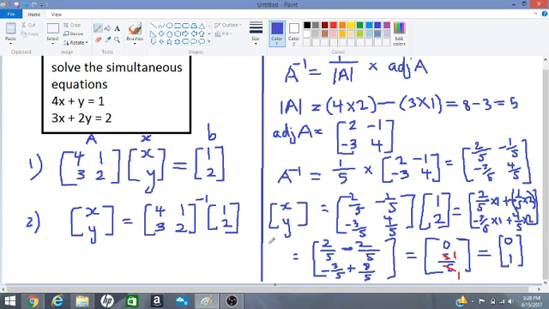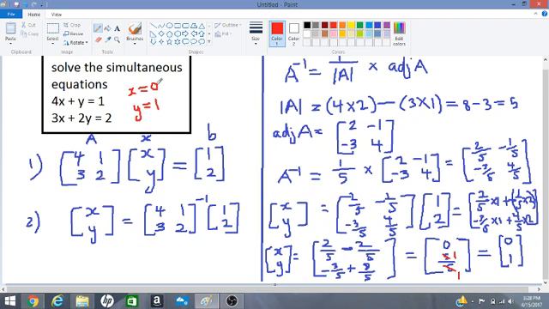So we have our answers, x and y. Final answers are x equals 0 and y equals 1.